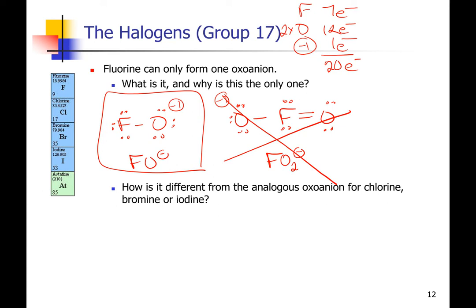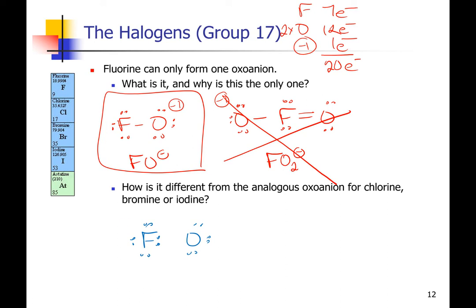Now, if we wanted to assign oxidation states to the atoms in that hypofluorite ion, we would follow the same process as on the previous page: draw out our Lewis diagram, take the bond, break it, give both electrons to the more electronegative atom, which in this case is not oxygen, it is fluorine. Fluorine is the only element on the periodic table that is more electronegative than oxygen.